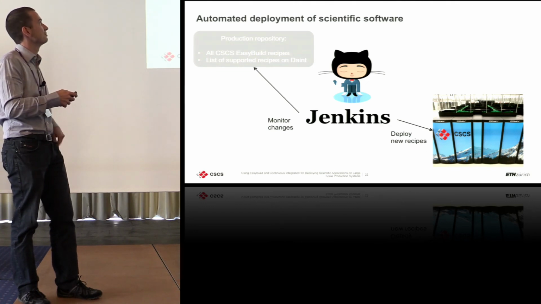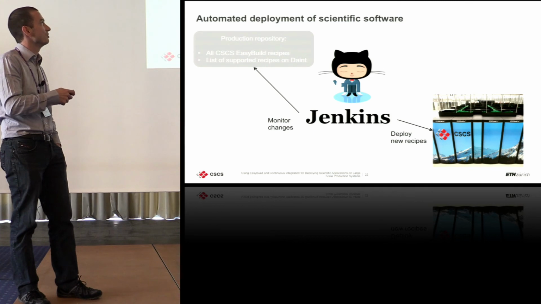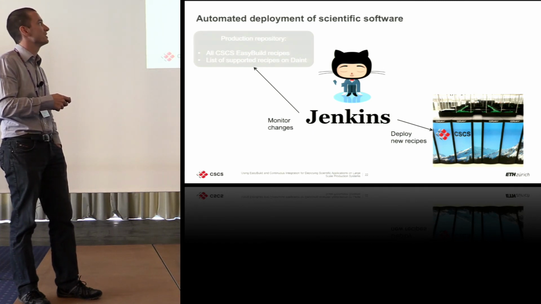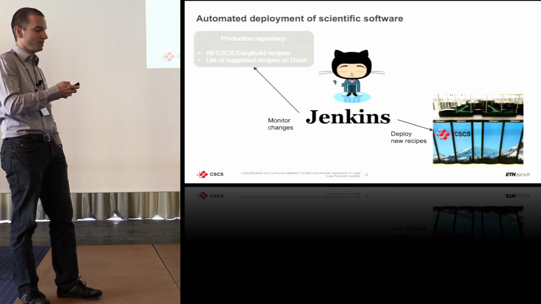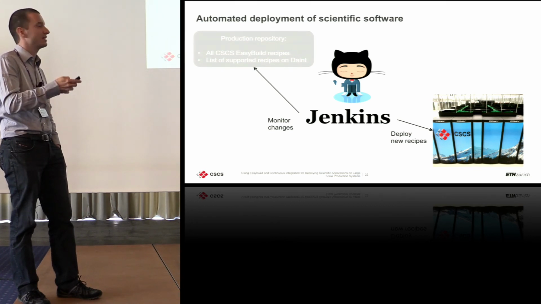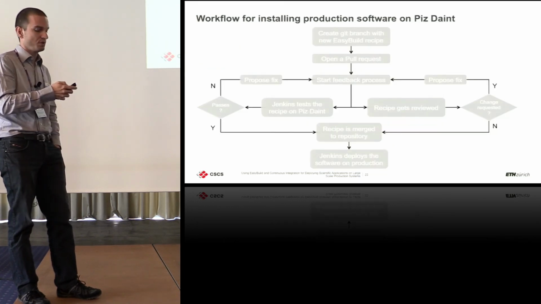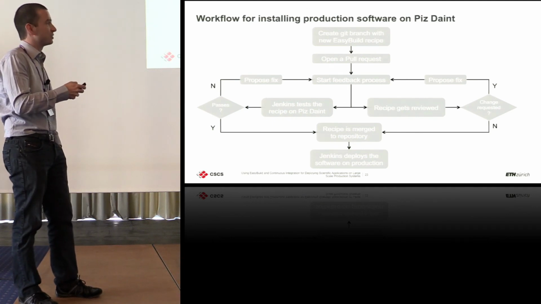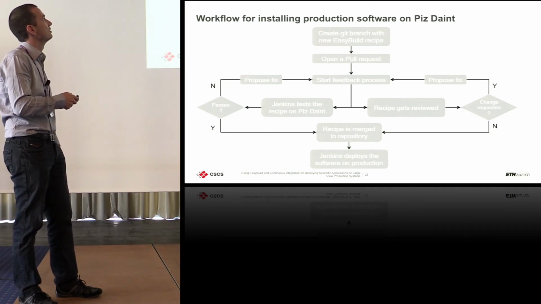Jenkins will clone the repository and test this recipe on Piz Daint, and if it goes well, we deploy to production. So it will be tested on a sandbox, and then if it goes well, it goes to production. This is the workflow.